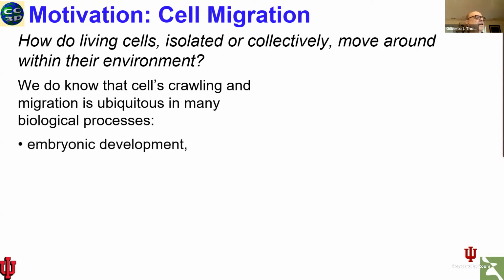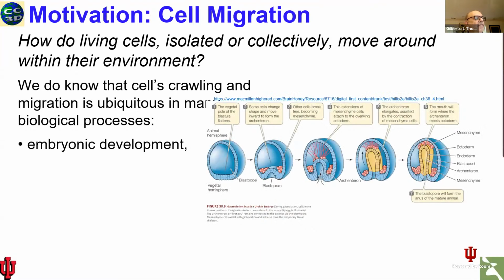For example, since the beginning of life, when your fertilized egg starts to transform itself into a human being or any kind of living being, we have processes such as blastulation, where the cells move around to create different shapes, different tissues and lots of different structures.